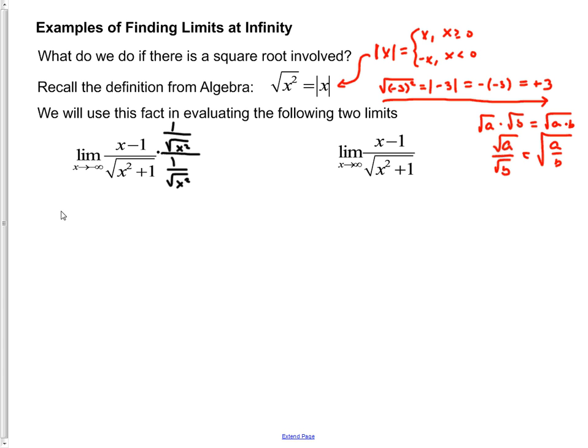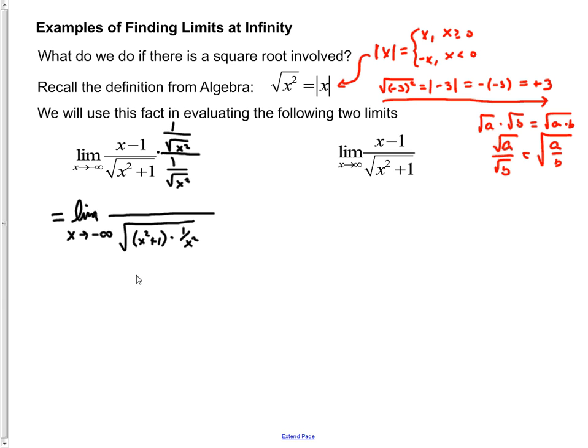So now we think about what is the effect of that. In the case of a square root, it's really equivalent to saying the following. We're taking the limit as x goes to negative infinity of, in the denominator, the quantity x squared plus 1, since it's under the root, can be combined with 1 over the square root of x squared, and that's just 1 over x squared.